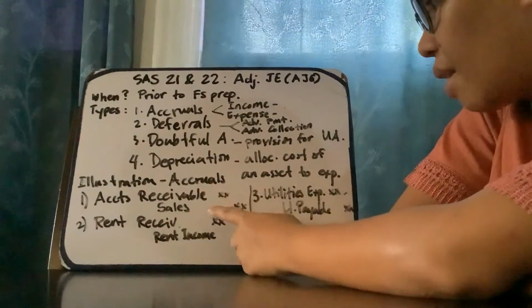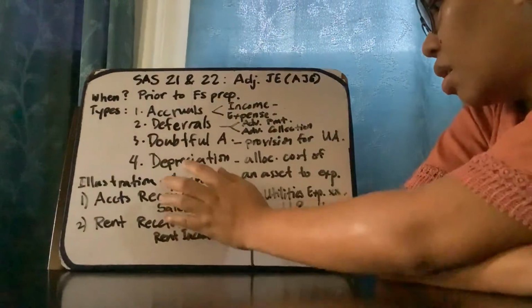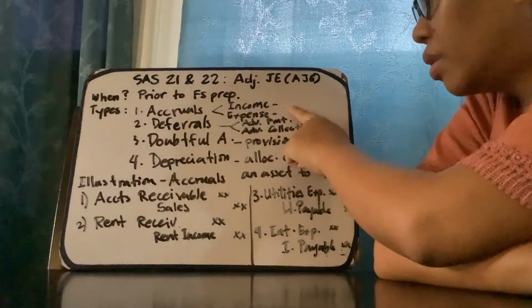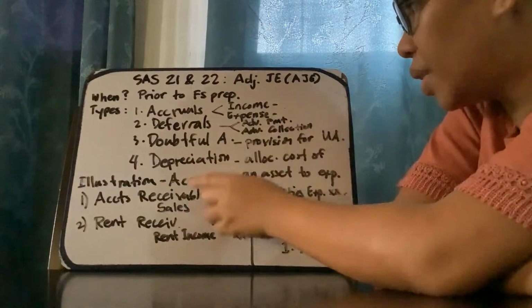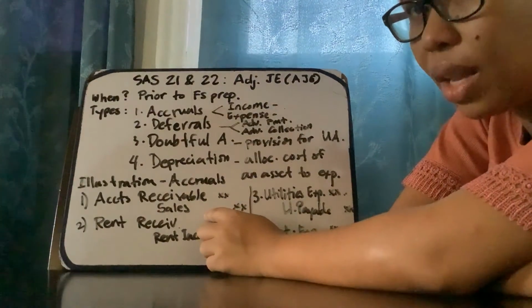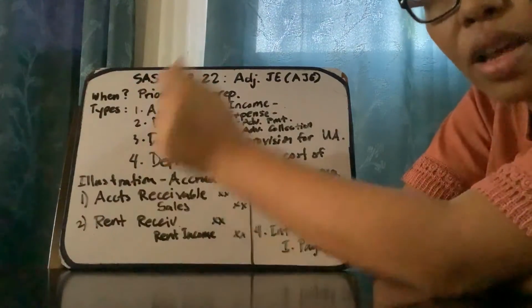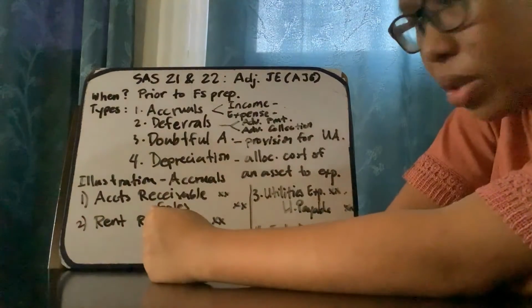So let's have first this accruals under recognizing income. So income, how do we recognize income in accrual? You recognize income, record it when you earned it, regardless when you receive the payment from the customer.